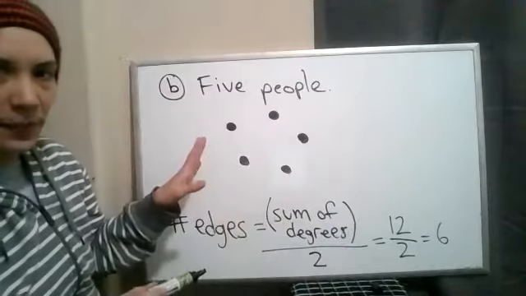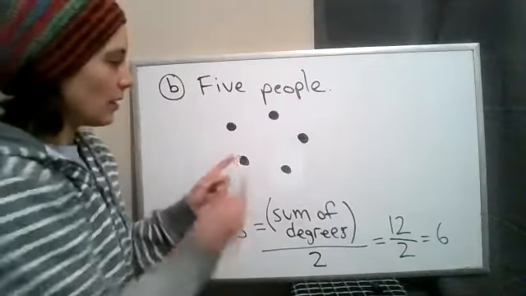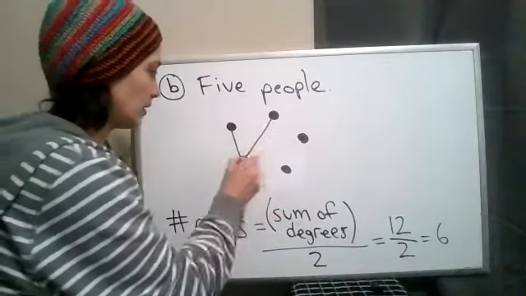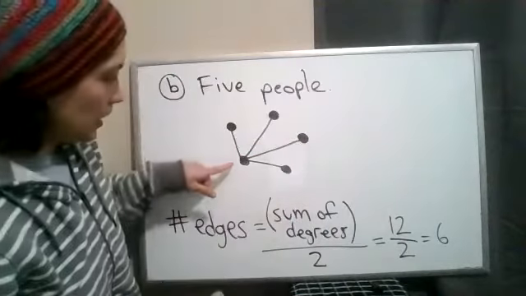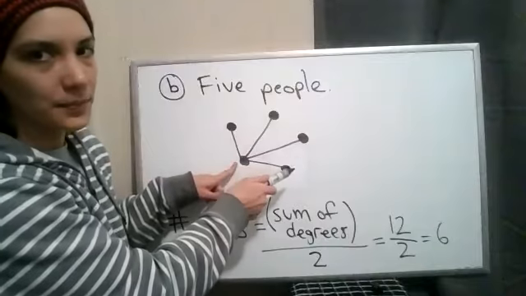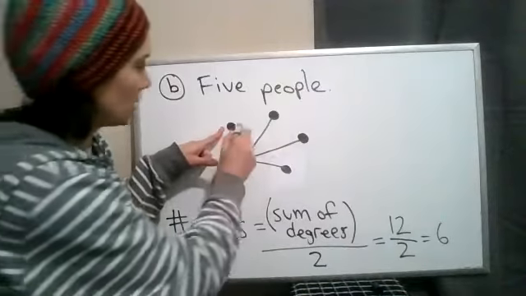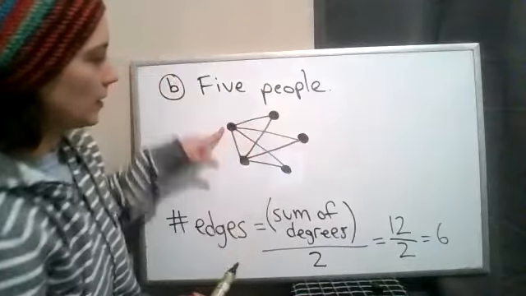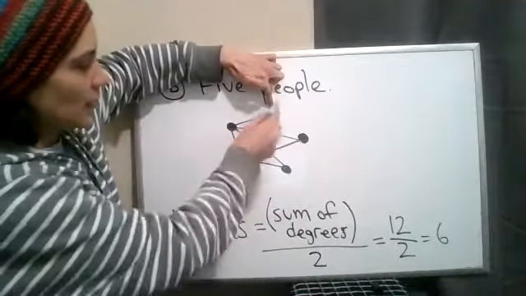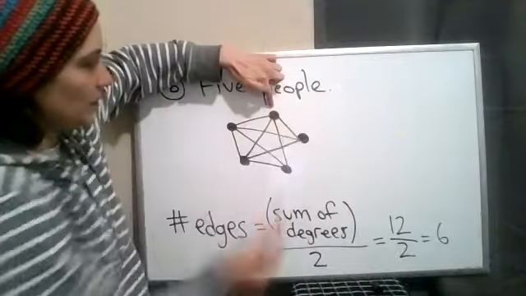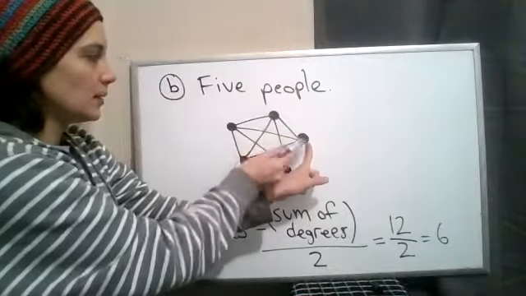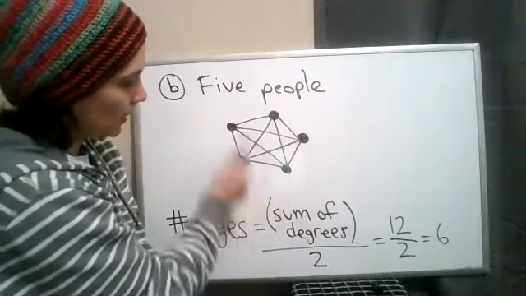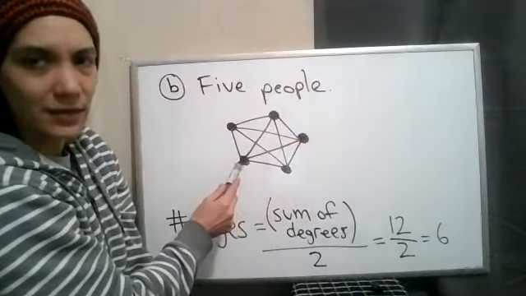Okay, those are my people. Each person meets with all of the other people. So we're going to connect. Let's just start here and connect this person with all of the other people. Let's go here and do the same thing. So there, there, there. That's good. Connection, connection, connect, and connect. We got this one, that one, that one. Need one more. And then let's see, connected, connected. Good. We're back to the beginning.